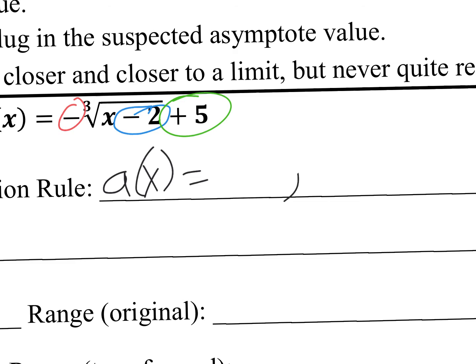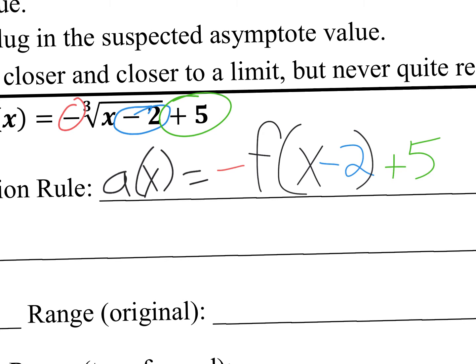I have that negative on the outside, so I'm going to do negative, and then I'll put my f of x, and then I had that minus 2 on the inside. I know that's on the inside because it's inside of the radical sign here. And then I had that plus 5 on the outside, so that's why I can close those parentheses and just tack on a plus 5 there.